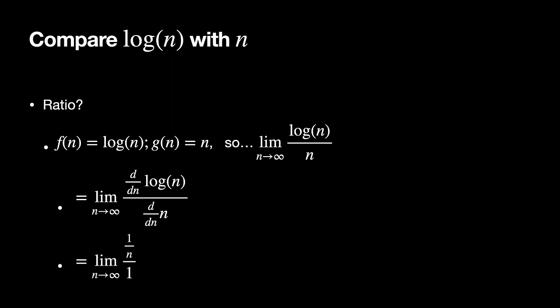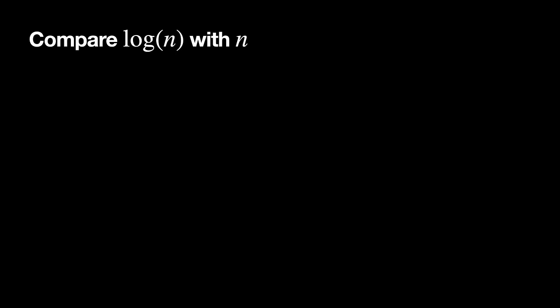And of course, that would be the limit of 1 over n over 1, which simplifies to the limit of 1 over n, which is a well-known limit. It's 0.